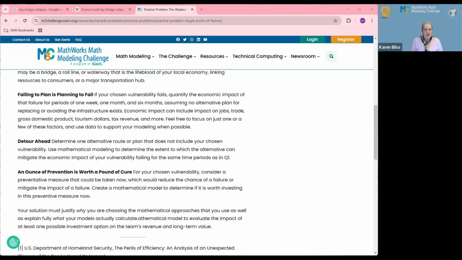Neil, do you have anything to add to all these factors that everybody's thrown out here? No, I think they're all great. And I think any one of them could be the most important thing relative to what you've defined as your economic impact and your vulnerability in this problem.